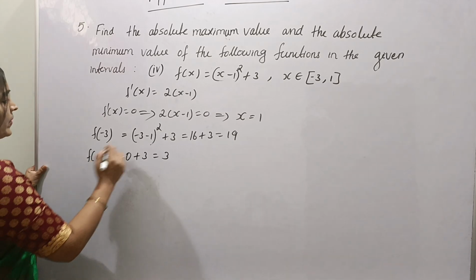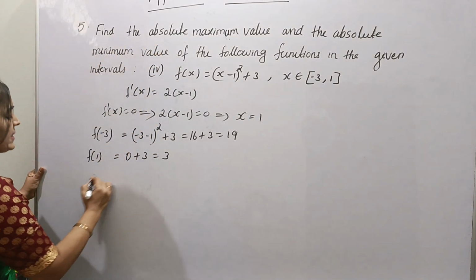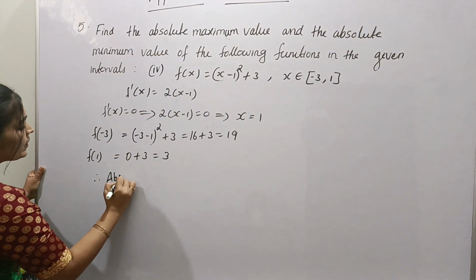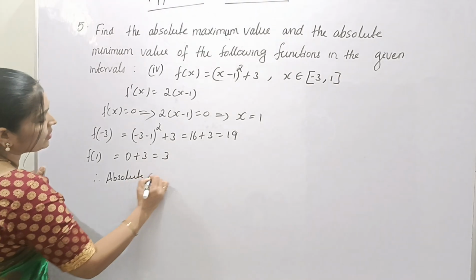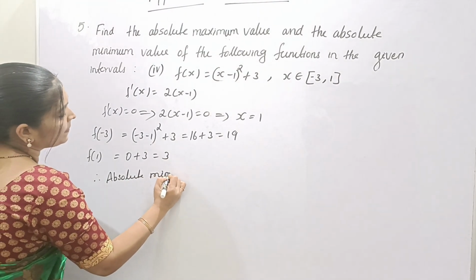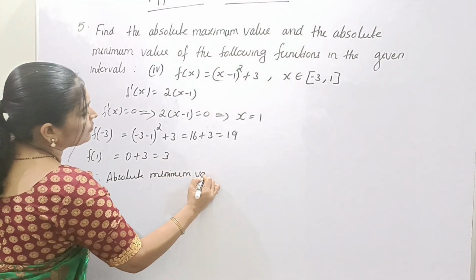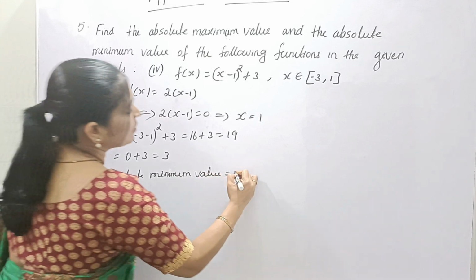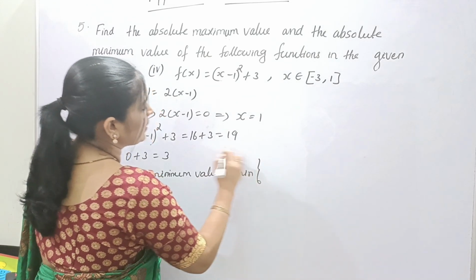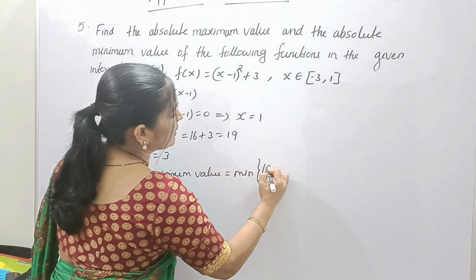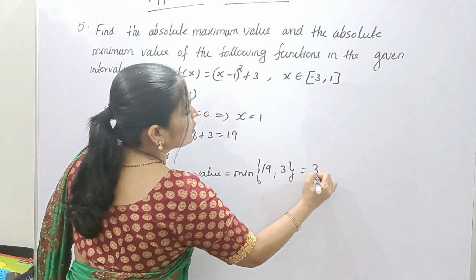So the absolute minimum value is equal to the minimum of 19 and 3, that is equal to 3.